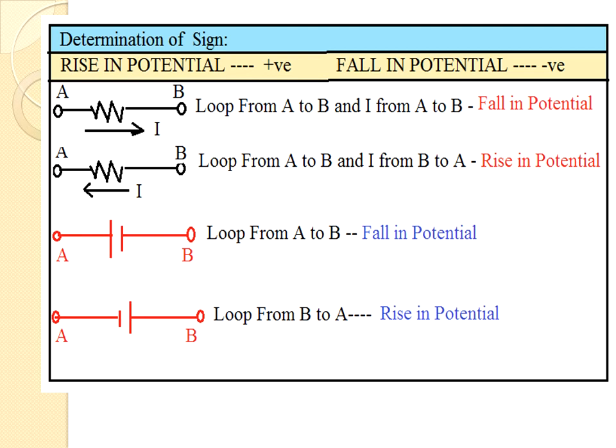Last condition, again loop direction is taken from A to B. Now I change the sign of the EMF source, that is lower potential to higher potential. So that is called a rise in potential.